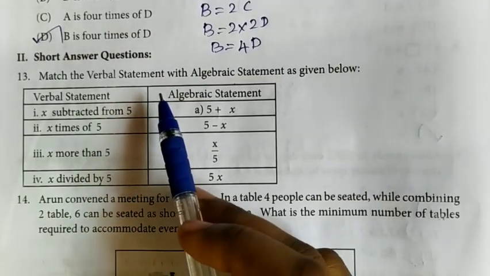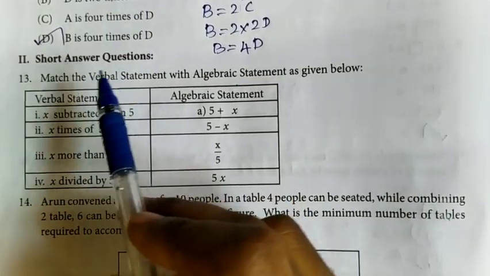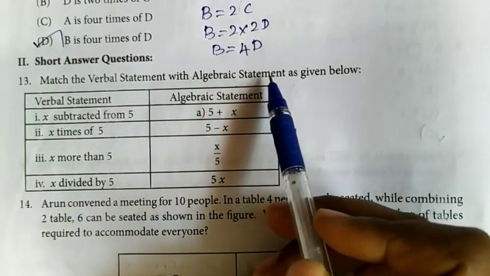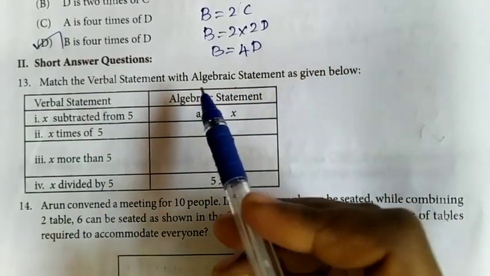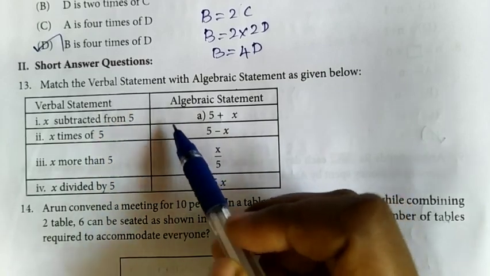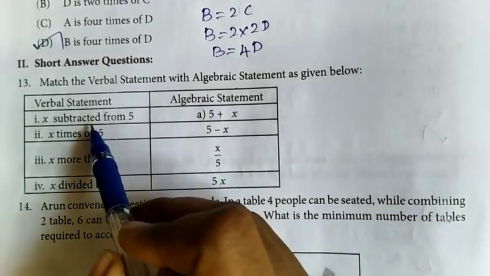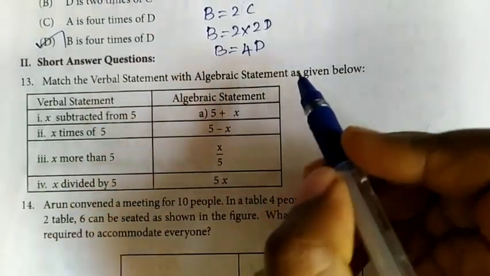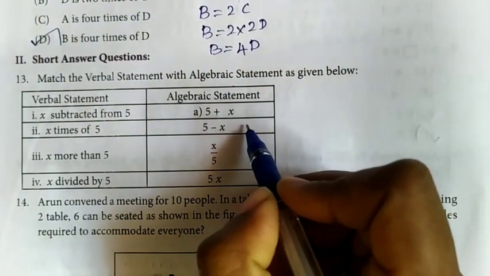Next, short answer questions. 13th one. Match the verbal statement with the algebraic statement as given below. We have to match it with the algebraic statement. First one is x is subtracted from 5. So 5 minus x is the correct answer.